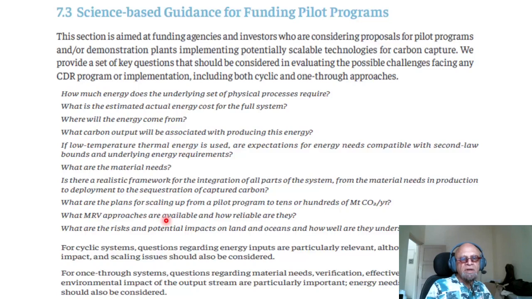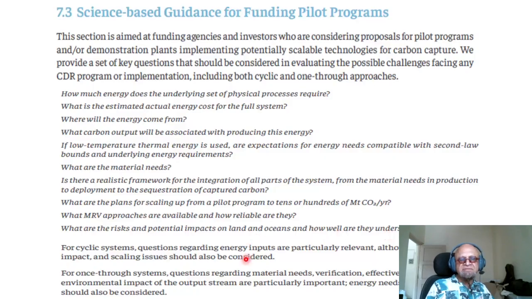What MRV approaches are available and how reliable are they in terms of ensuring actual additional carbon sequestration and their long-term storage and leakage, damage, etc.? What are the risks and potential impacts on land and oceans, and how well are they understood?